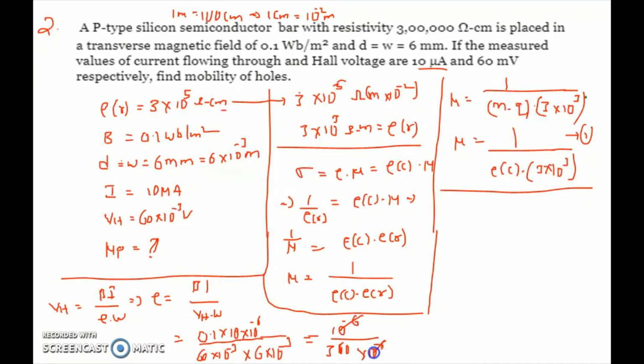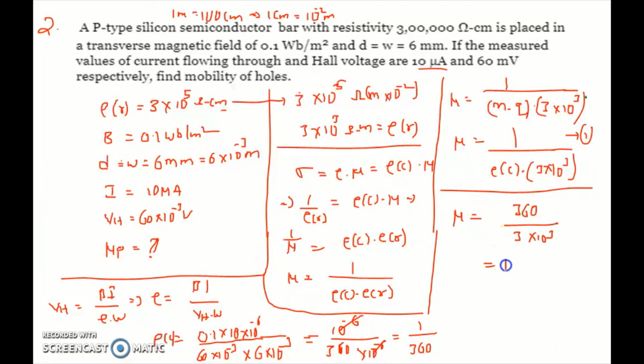So both the 10 power minus 6 get cancelled, and it is 1 divided by 360. So now my charge density is 1 divided by 360, and let's substitute it here. Now my mobility becomes 360 divided by 3 into 10 power 3.